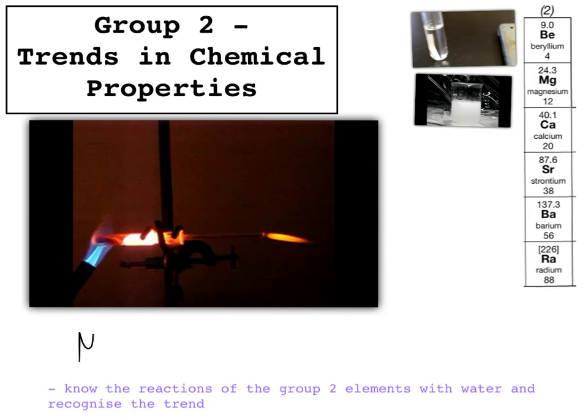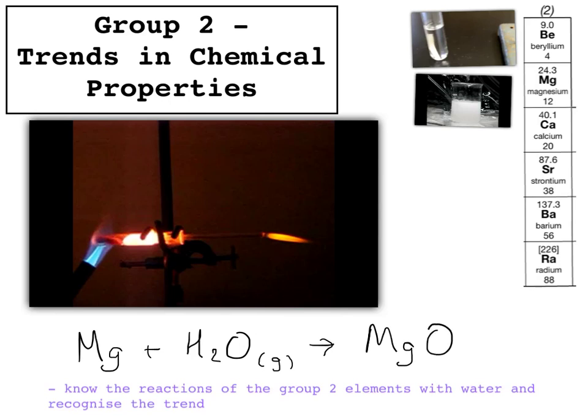So this time, if you use steam, so magnesium with H2O, but in this case, instead of being a liquid, it is a gas, you'll make instead magnesium oxide, which is MgO, plus hydrogen still, which you can see quite clearly from the flame that's produced.